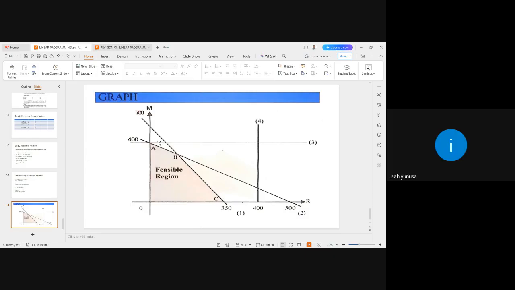Yes, now this one, now our line will have it to be 4. Let's assume that the 400 for R and the 400 for M have their own figures.